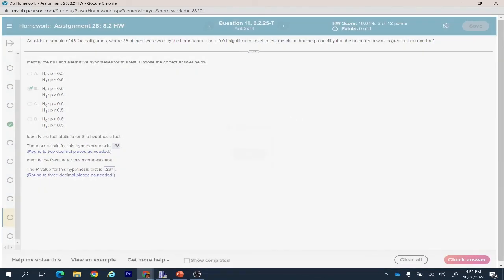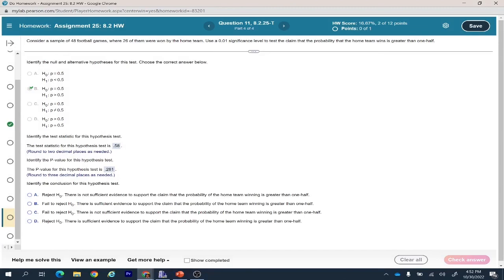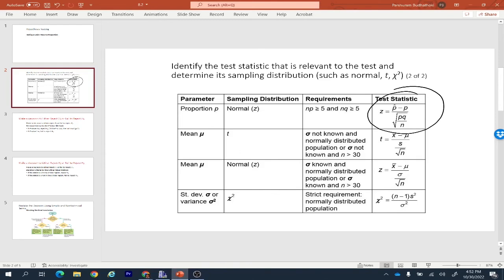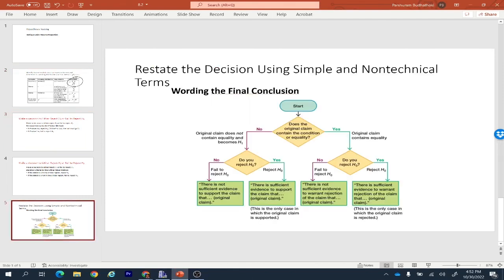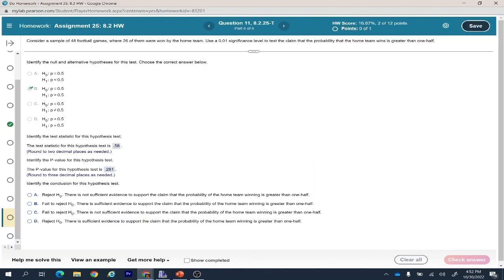Now, as you can see here, this p-value is greater than this alpha significance level. So whenever the p-value is greater than alpha, we fail to reject. Okay, so you can go here, fail to reject. Where is that?